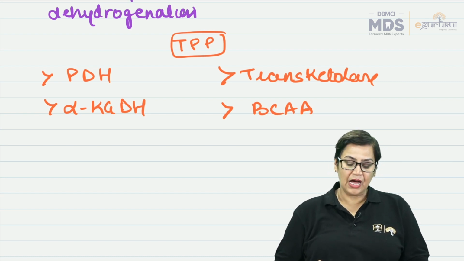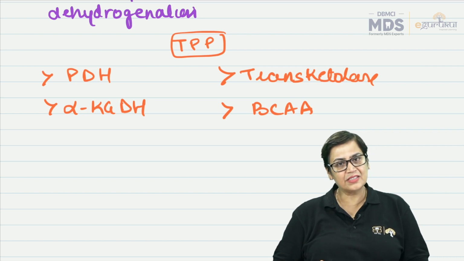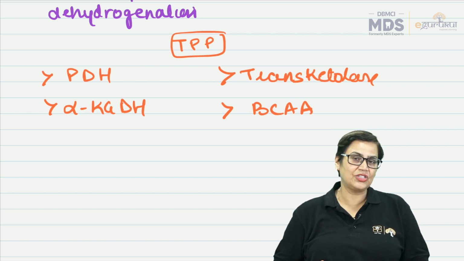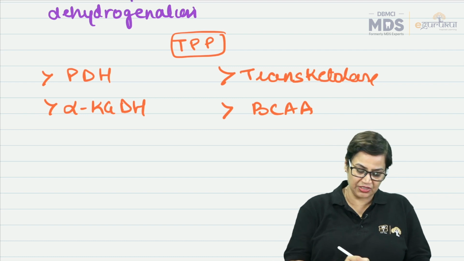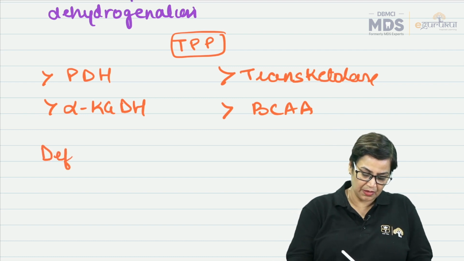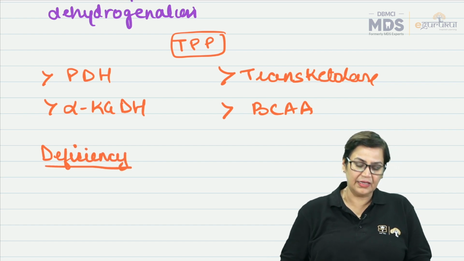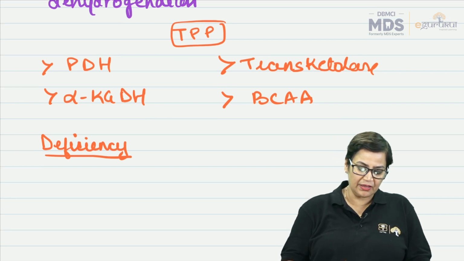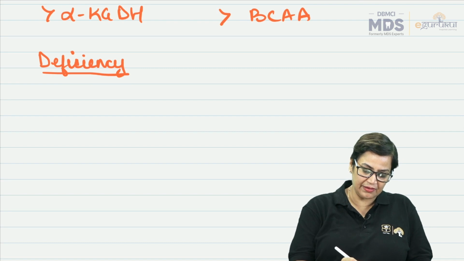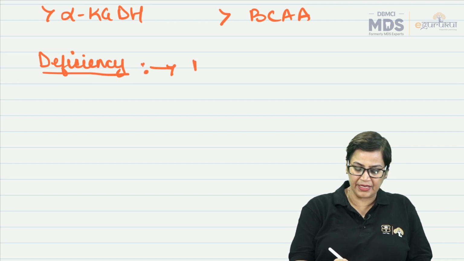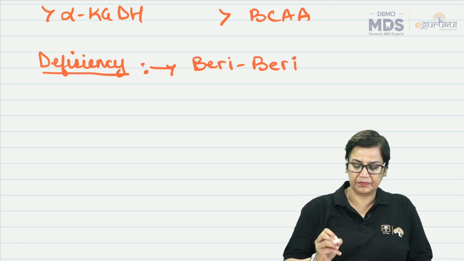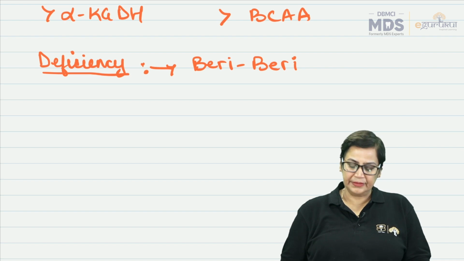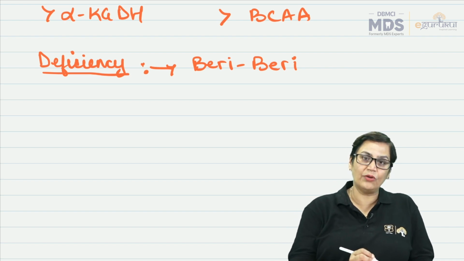Clear? Now, these are the biochemical functions. Then after biochemical functions come the deficiency manifestations. If we look at the deficiency manifestations of TPP, the most important one is beriberi. Now, this beriberi is of three types.